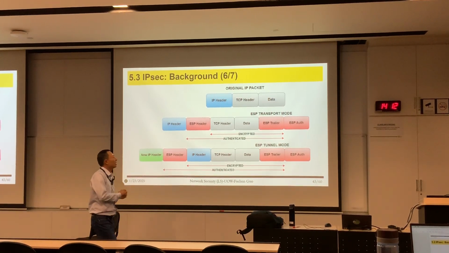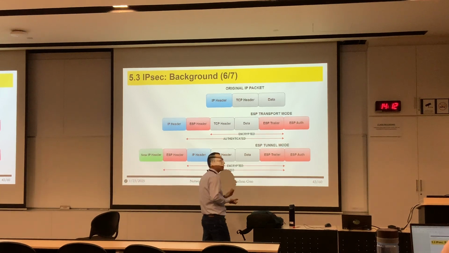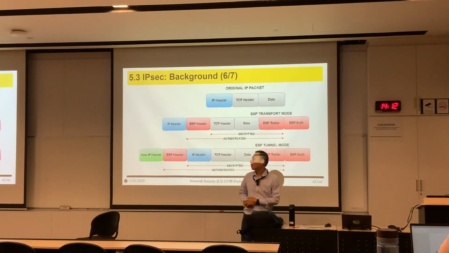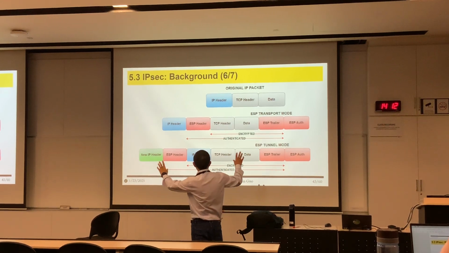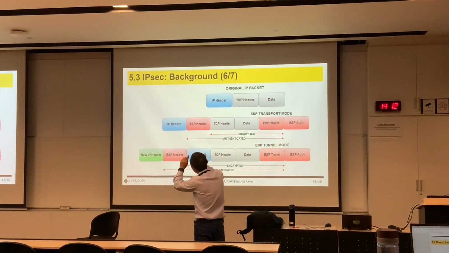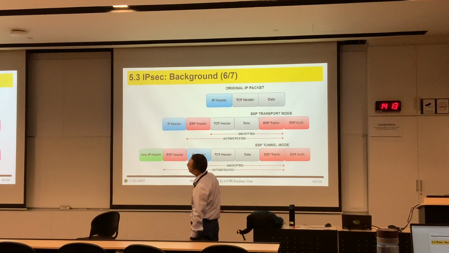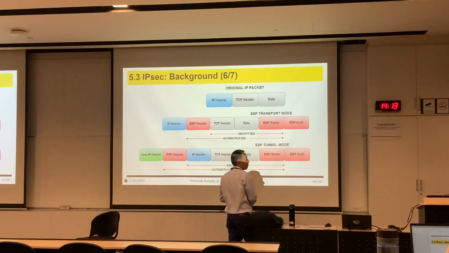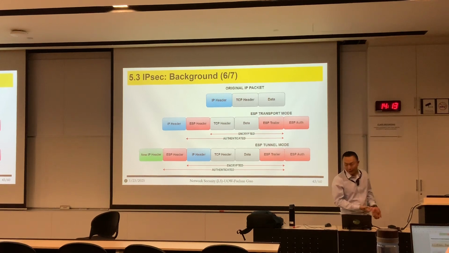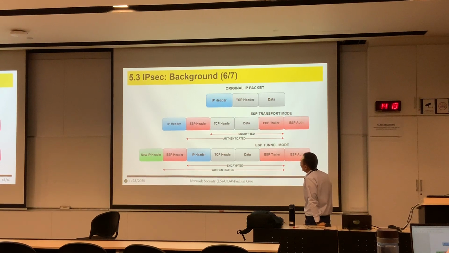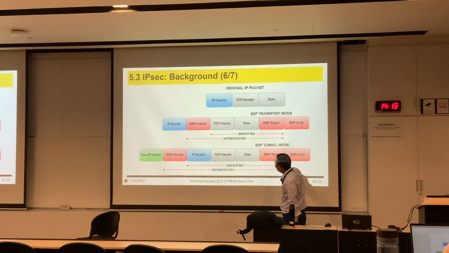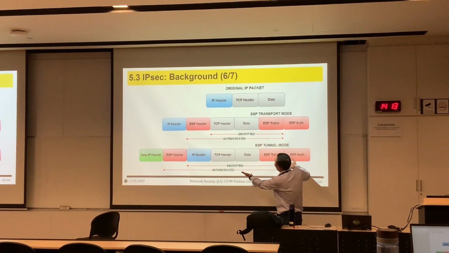It's a bit complicated because there's no consistency. If I was the designer, for simplicity, maybe I would put all three blocks into one header to make it simple. But unfortunately, it wasn't invented by me. And I believe the main purpose is to simplify the cryptographic operations, because which part will be encrypted and which part will be authenticated is easier to mark.